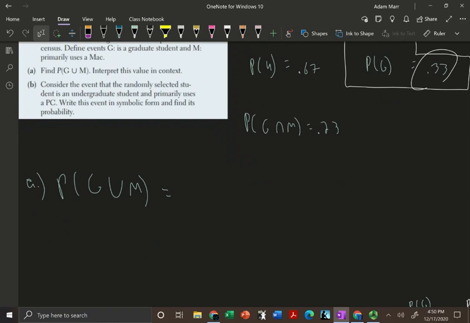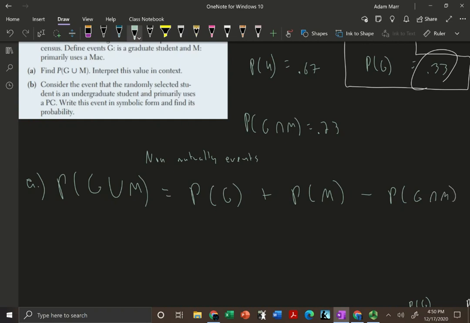Now you could do a Venn diagram, and I'm going to show that for part B actually, but for this part right here, we know this is non-mutually exclusive, right? Because we have an overlapping situation right here, that they are a grad student and they use a Mac. So it's going to be the probability that they're a grad student plus the probability that they use a Mac minus the probability that they're a grad student and use a Mac, because we would count those people twice.